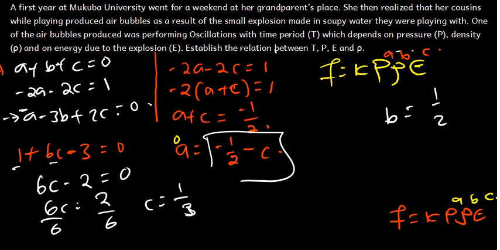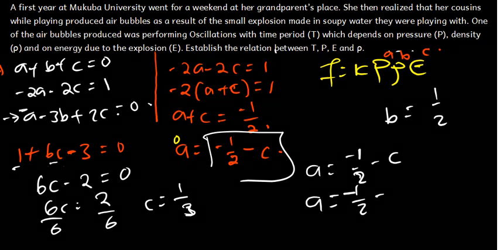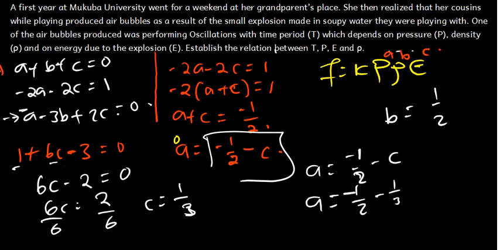So remember, we made our equation that a was equal to negative half minus c. So if the c value is 1 over 3, we can just plug in the values. So we are going to see that a is going to be equal to negative 1 over 2 minus 1 over 3. We can get the lowest common denominator, which is 6.